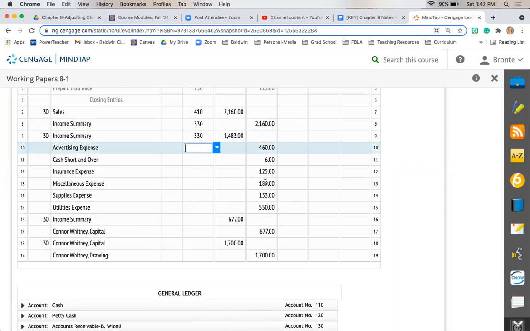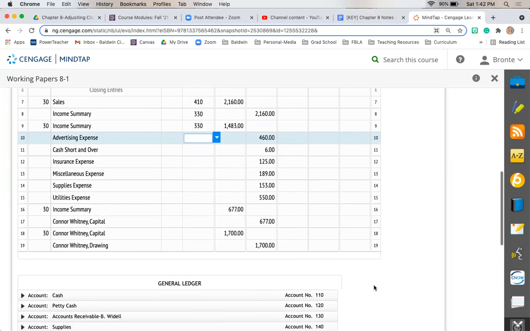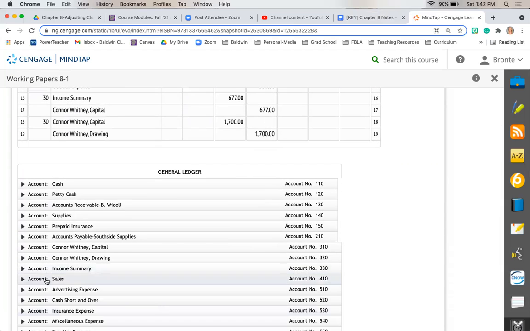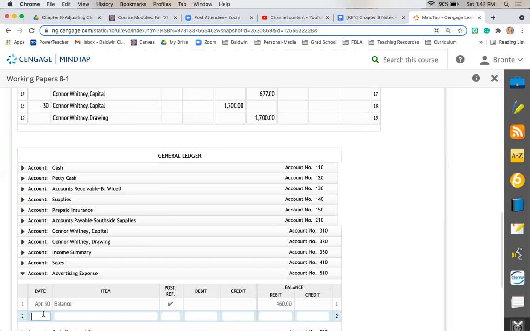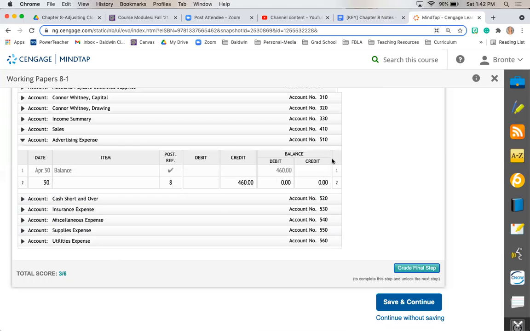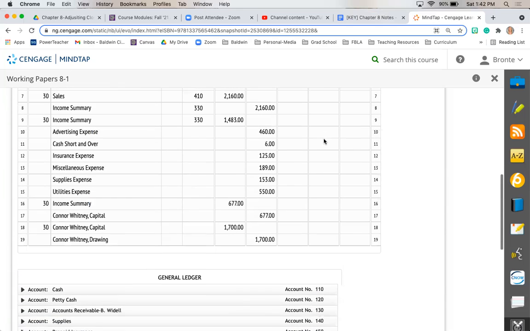Now we need to do all of our expense accounts. We're closing them. So advertising expenses first. 30th, page 8. It had a credit of 460, which is going to zero those out. Take my account number 510.